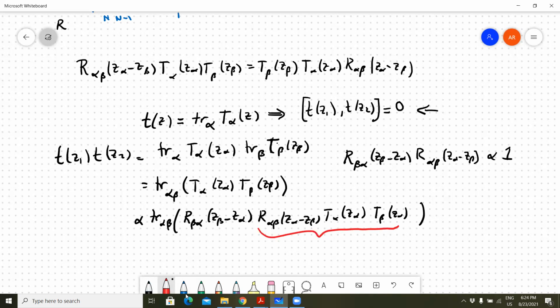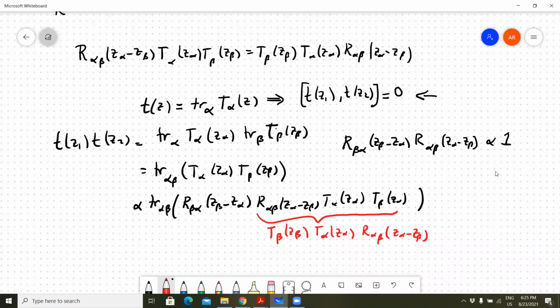This is just this, right? So I can write it as this other one. And now we use the cyclicity.